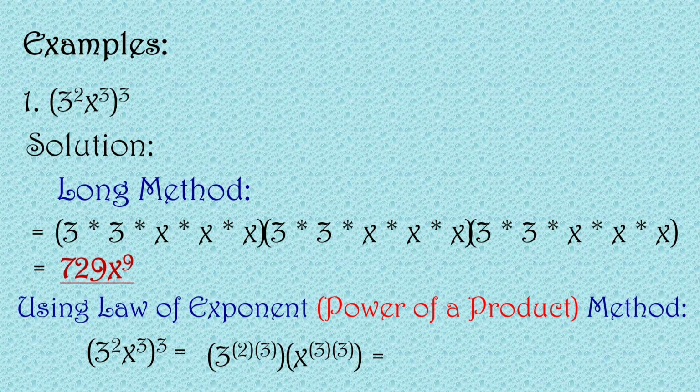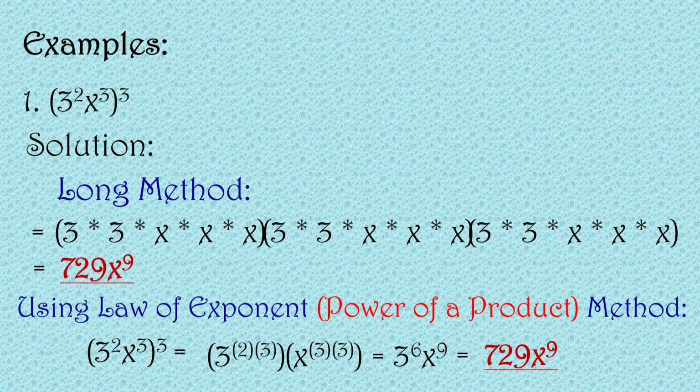Then, solve na natin. So, magiging 3 raised to 6, x raised to 9. So, minultiply natin yung exponent nila. So, ang 3 raised to 6 ay 729. At ang x raised to 9 ay kokopyahin lang, kasi hindi naman natin pwedeng i-simplify yan dahil variable lang ating base.